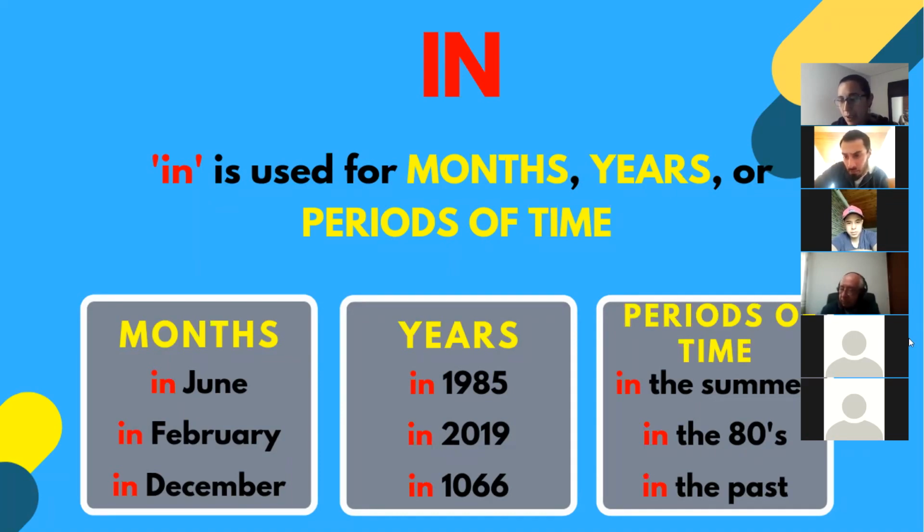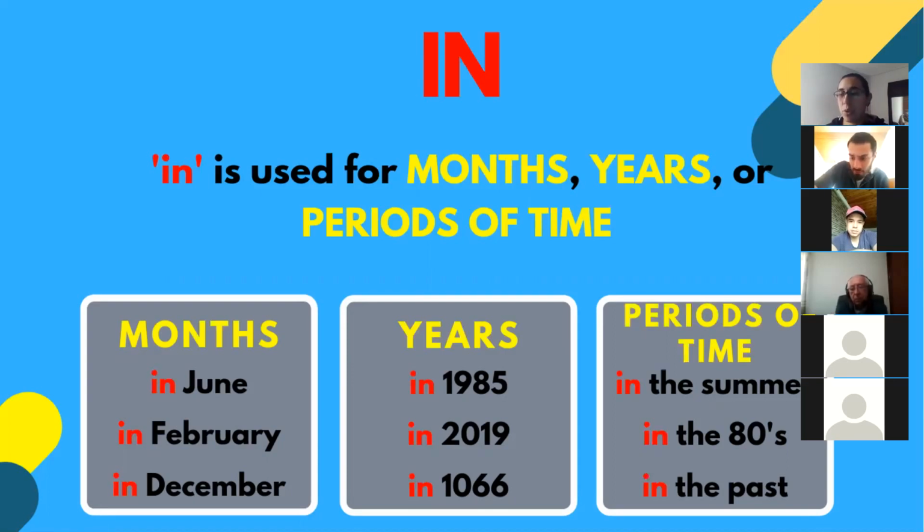When we use preposition in, we express the months. Only and exclusively the months. For example, when you say Christmas is in December, no more.